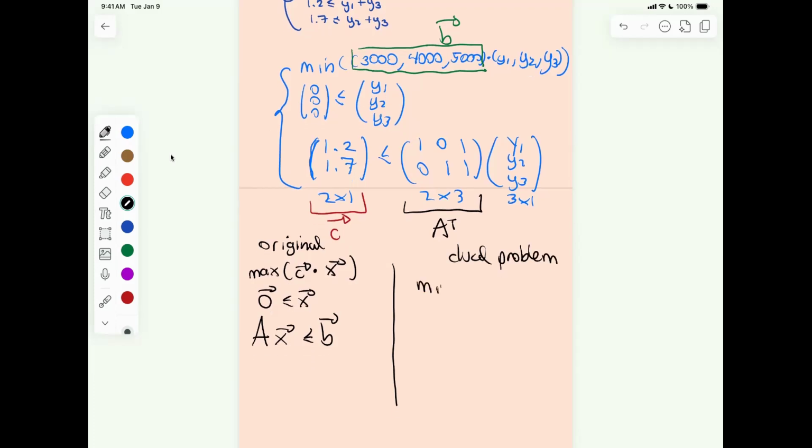Now you have the min, not of C, but of B dot Y. And the vector Y has to be non-negative. And here the inequality is that C is less or equal to A transpose Y.